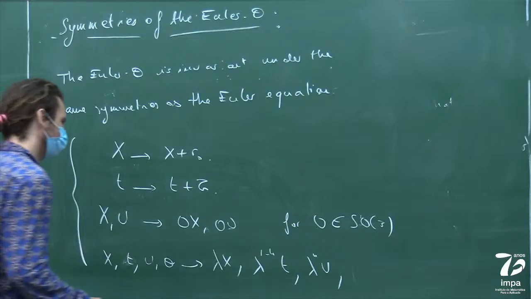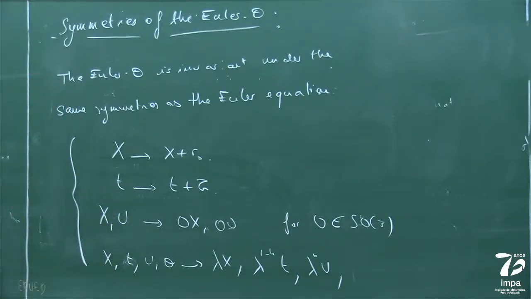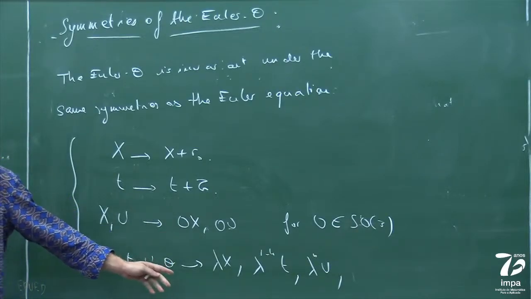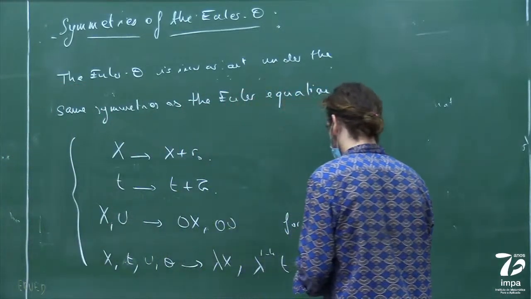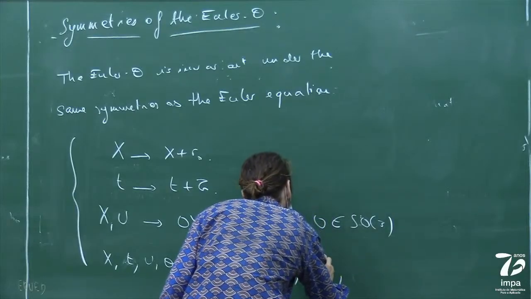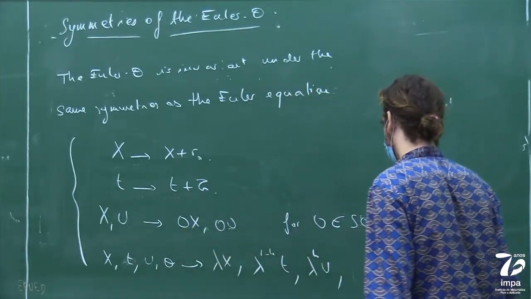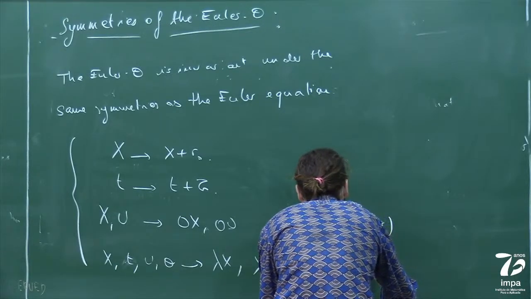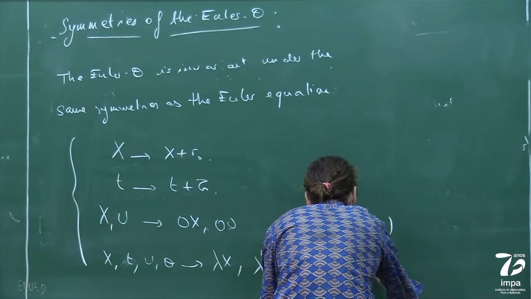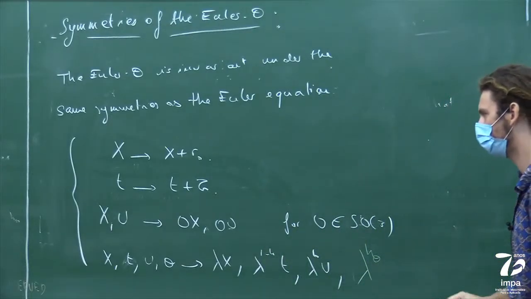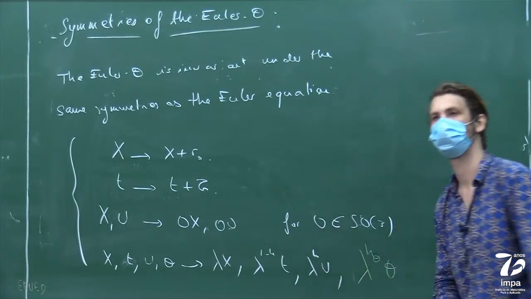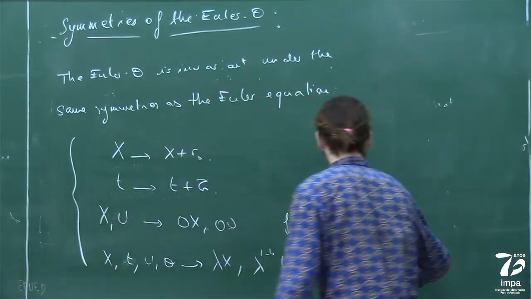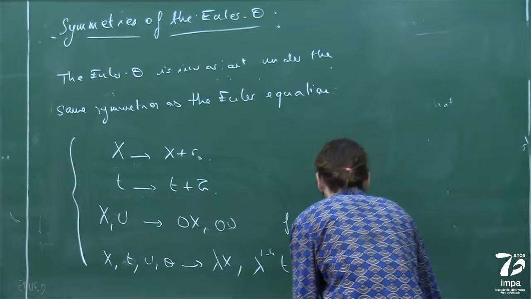Navier-Stokes, and the only difference, which comes from the linearity of the equation, is that the scalar can change as it wants. So you have lambda h, and we can write lambda to the power h theta. Okay, maybe it's a bit confusing. Let's write just gamma theta.